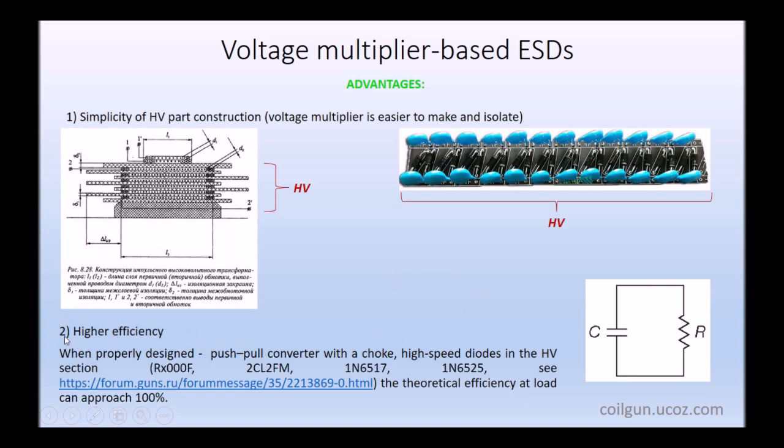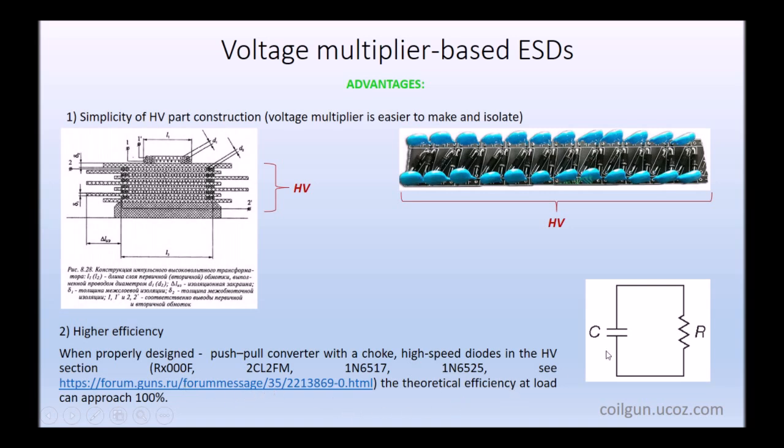Okay, another point is that the multiplier based modules have higher efficiency than transformer ones, when properly designed with a push-pull converter with a choke, high-speed diodes in HV rectification stage, for example. These are some examples which can be found in this forum.